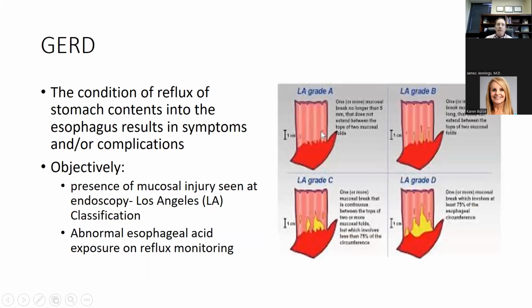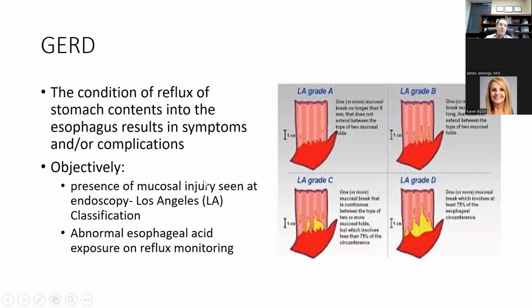GERD, by definition, is reflux of stomach contents into the esophagus causing symptoms and potential serious complications. And the two big ones are esophageal strictures and Barrett's esophagus, which is a precursor for esophageal cancer. GERD's easily diagnosed on EGD if we do see inflammation of the esophagus. We don't need to do any further pH testing when we can see that there is inflammation at the end of the esophagus.